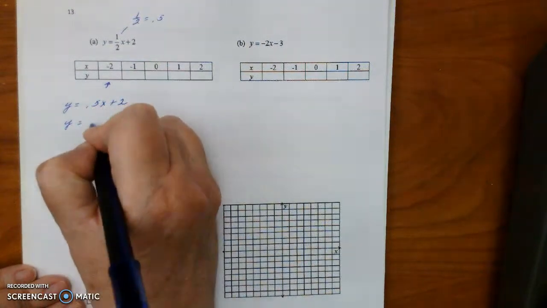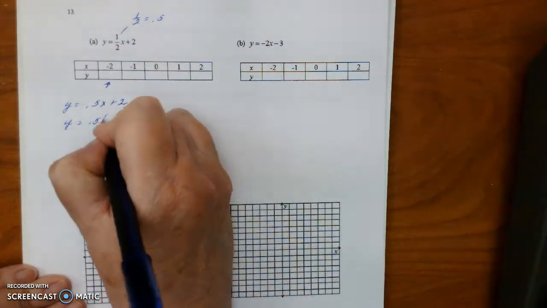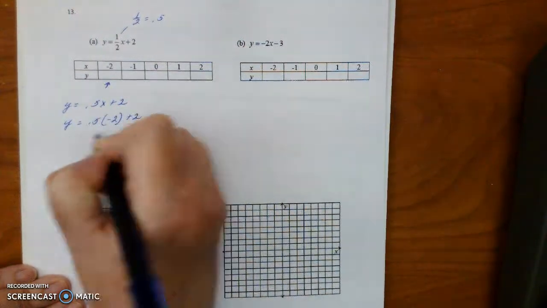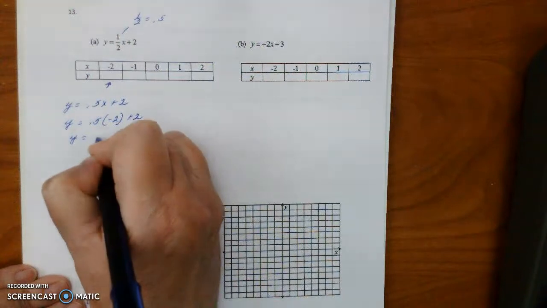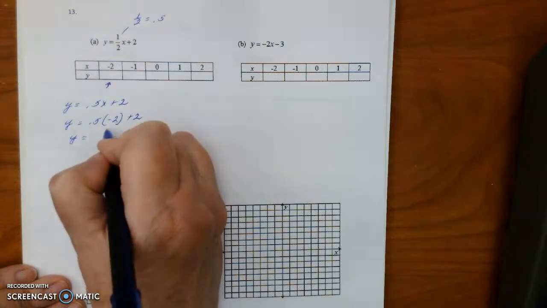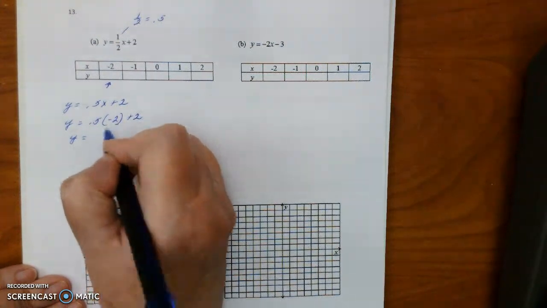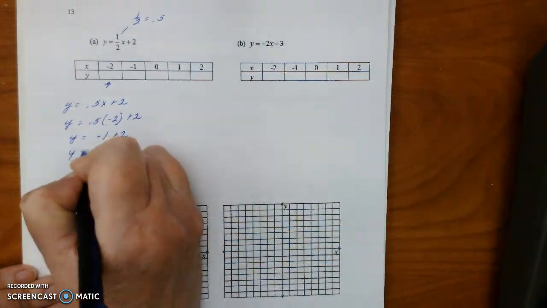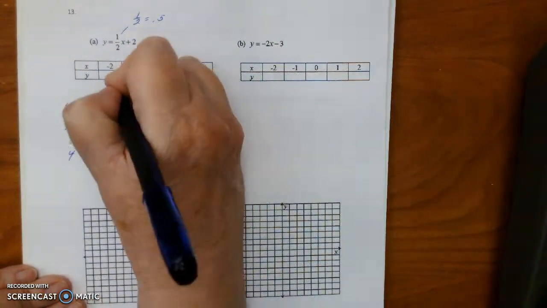So y equals 0.5, and the x is -2. Insert the x, plus 2. So y equals half of -2, or if you do it in the calculator, it becomes -1 plus 2. So y equals 1. Okay?